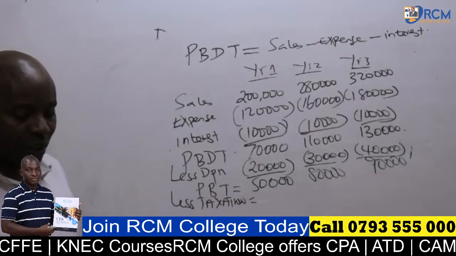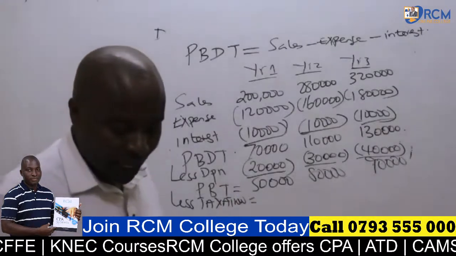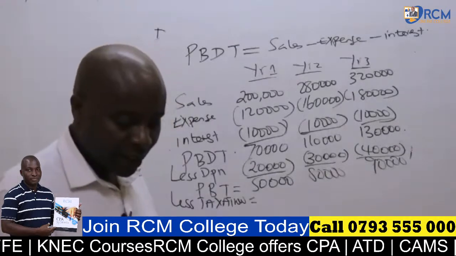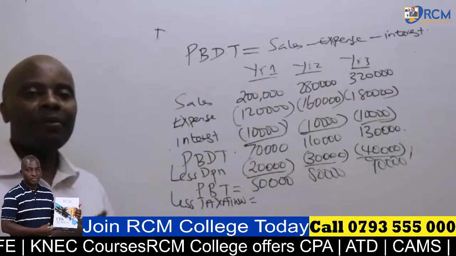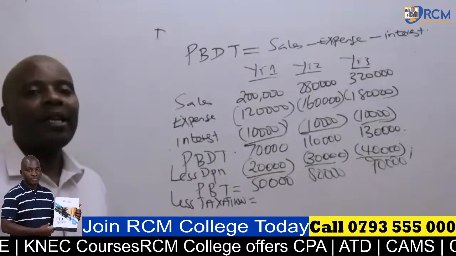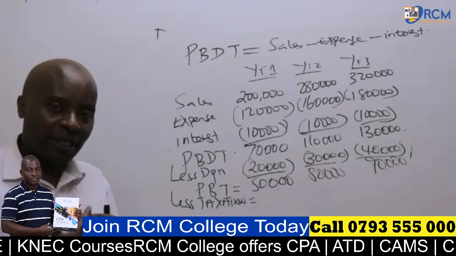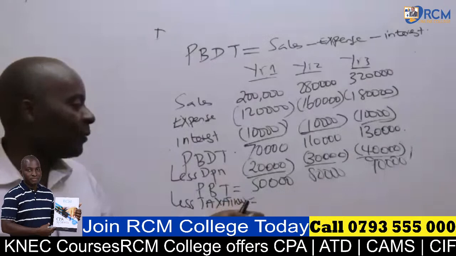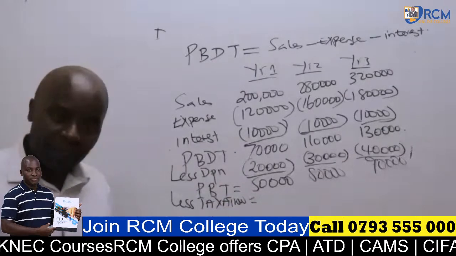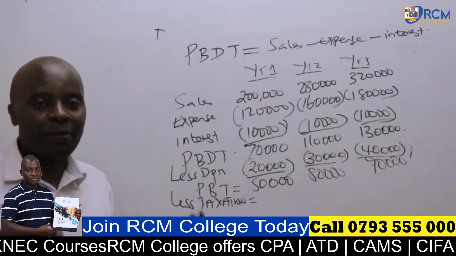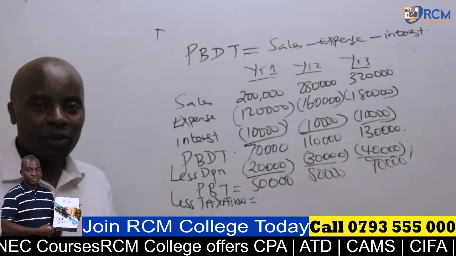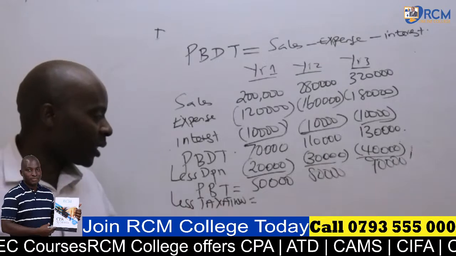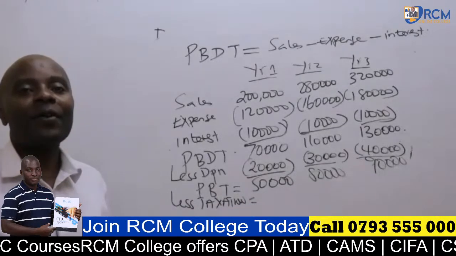Are you able to see the rate of tax? 30%. Tax is 30%, and it is paid in the same year of profits. In section 5, of course, if I am the examiner, I can tell you that tax is paid 1 year in arrears.